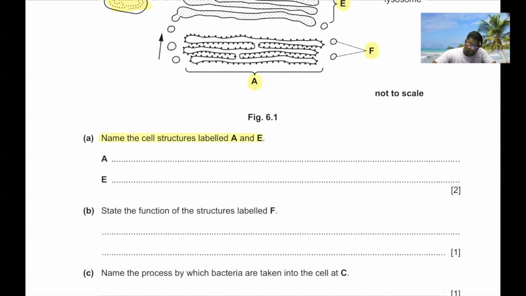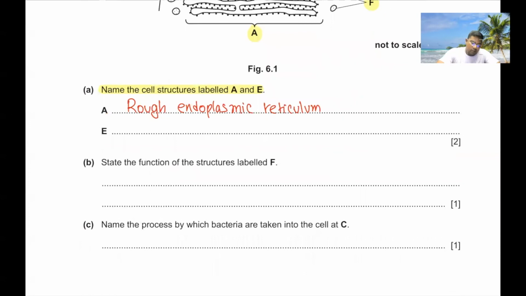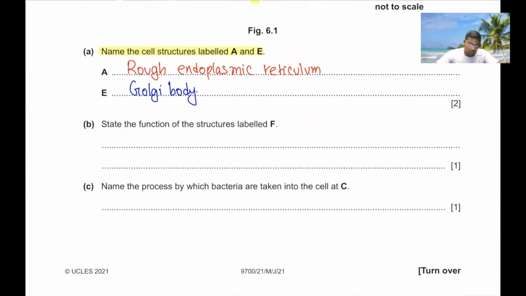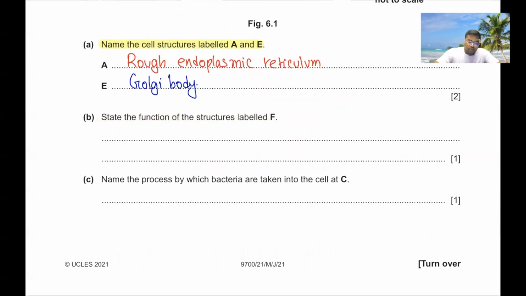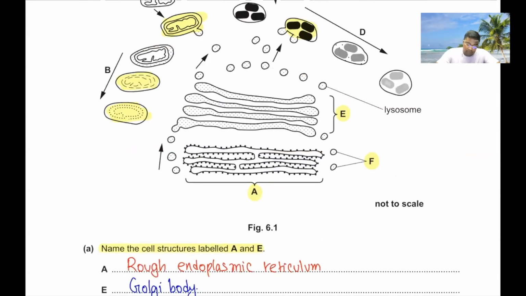Name the cell structure labeled A and E. So basically, A is rough endoplasmic reticulum, and E is Golgi body. State the function of the structure labeled F. So F are vesicles.